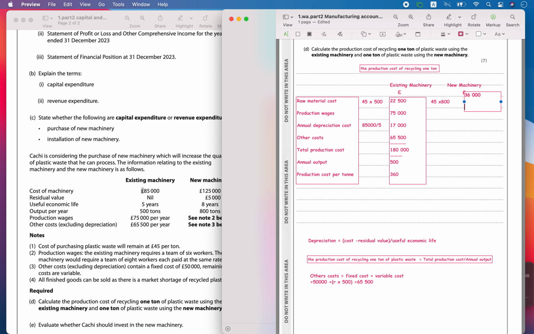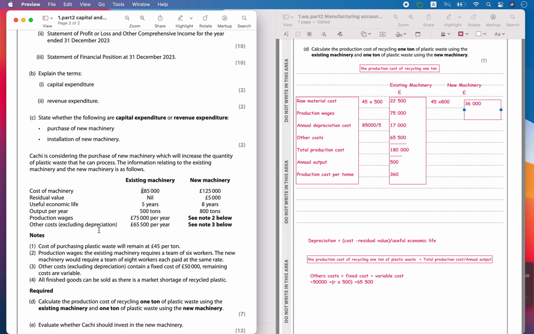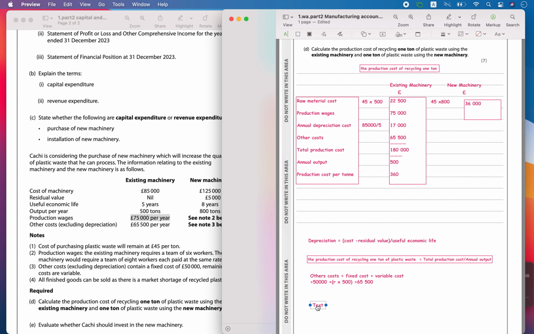Then you have the production wages. The existing machinery requires a team of 6 members. The new machinery would require a team of 8 workers paid at the same rate. So we had to calculate the wage rate for the existing machinery.